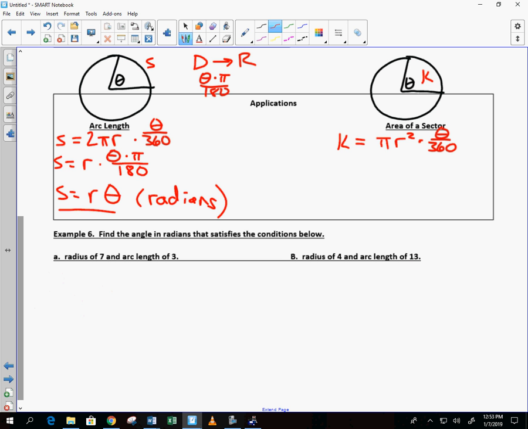Okay, so this one, we're going to take this. K is equal to 1 over 2 pi r squared. No. K is equal to 1/2 r squared with theta pi over 180.